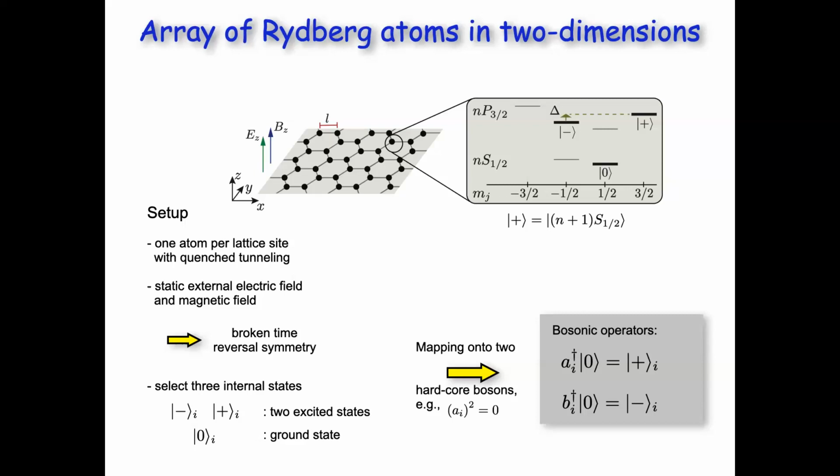What we have to do is place our atoms on a honeycomb lattice, and we choose 3 states in a Rydberg level. We choose our ground state such that we excite all atoms into the Rydberg S level, and then we select the energetically 2 p states close by.